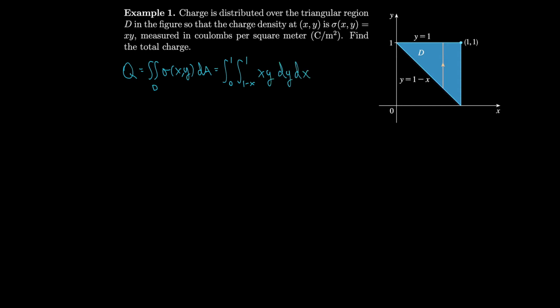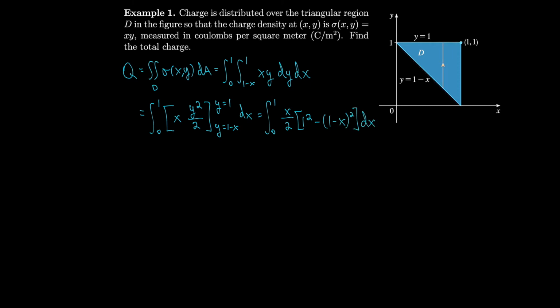and our function for sigma is xy, so we'll plug that in, and we first do y and then do x. So the double integral is the integral from 0 to 1 of x times y squared over 2, because first we hold x constant, evaluated from y equals 1 minus x to y equals 1. Then we plug in, and we get the integral of x over 2 times 1 squared minus (1 minus x) squared dx, which is just one half times the integral from 0 to 1 of 2x squared minus x cubed.